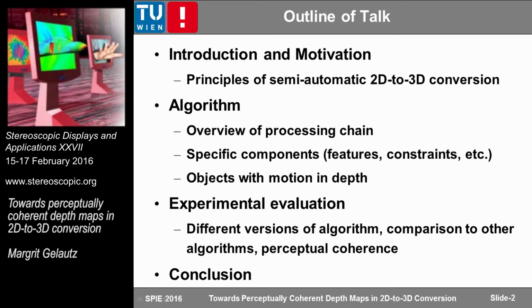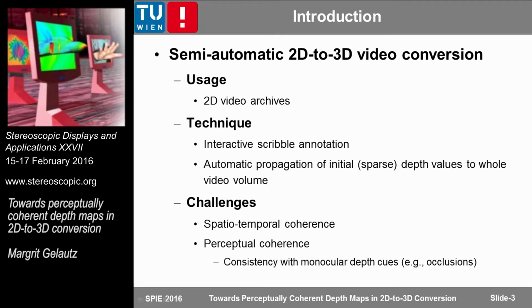I'll then present an experimental evaluation of the algorithm we designed. I'll show the effects of different versions of the algorithm, and I'll also present a comparison to other competing algorithms.